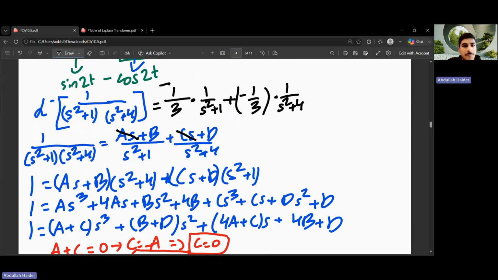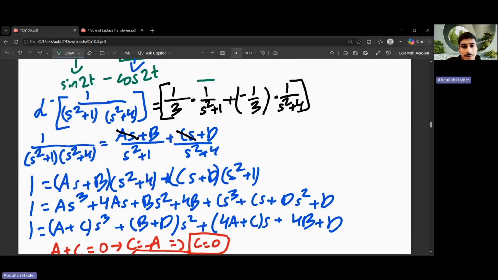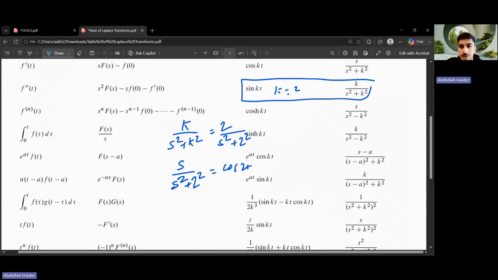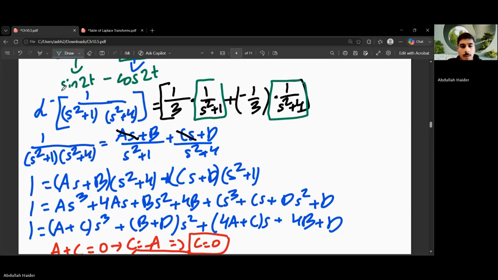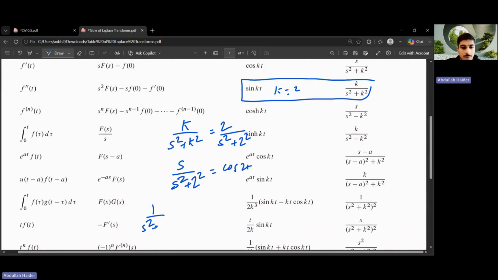So we need the inverse of 1 over s squared plus 1, and 1 over s squared plus 4. So 1 over s squared plus 1 will be sine t. And 1 over s squared plus 4, which is 1 over s squared plus 2 squared, will be, there should be a 2, so this should be 1 over 2 multiplied by sine 2t.